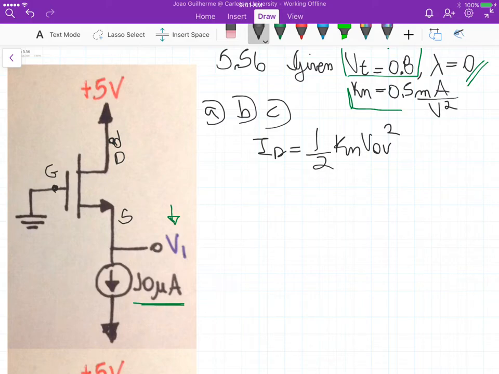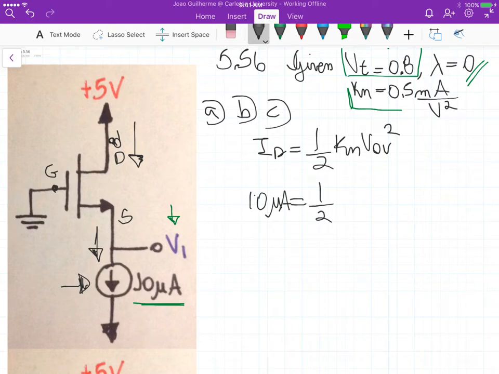We can actually estimate the overdrive voltage, right? Because this current source here, 10 microamps, forces the current ID to be 10 microamps, because the current that's flowing at the source is the same current that's flowing up here in the drain. So our ID is actually 10 microamps.